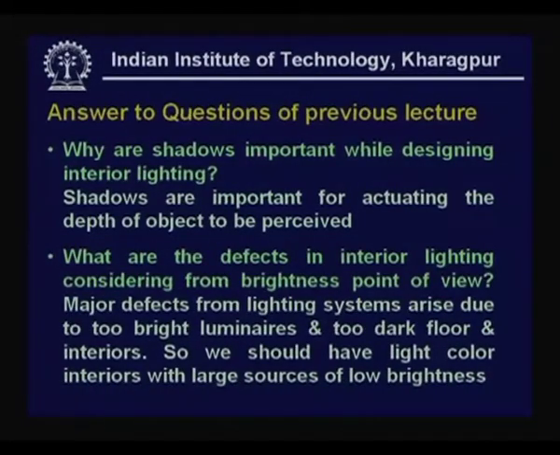What are the defects in interior lighting considering from brightness point? Major defects in lighting systems arise due to too bright luminaire, too dark floor and interiors.